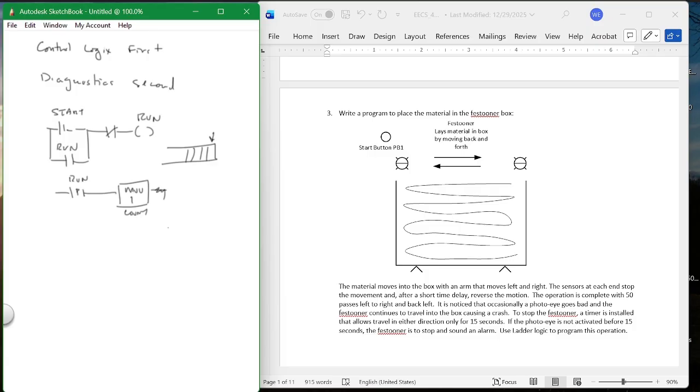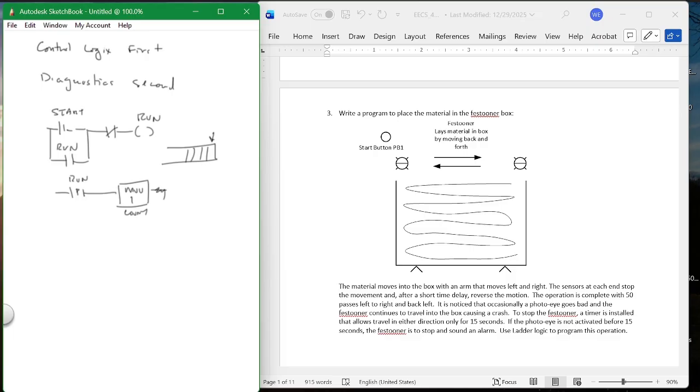So 1, 3, 5, 7, 9, 11, 13 is going to the right. 2, 4, 6, 8, 10, 12, 14 is going to the left. I'm using the bits in the counter to determine which direction I'm going. Does that make sense to everybody? That's a trick, but it's a very valid trick to do questions like this.